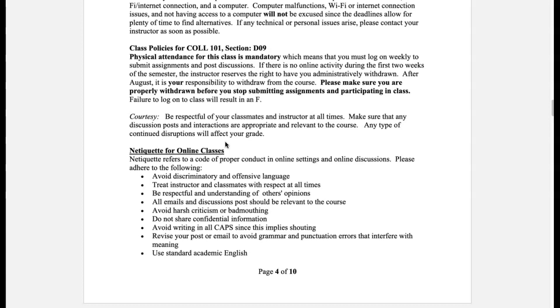It's important that we express ourselves, but it's also important that we do it in a respectful manner. And it's also important to be open-minded and open to different viewpoints. So on the other end, if somebody posts something that you don't agree with, it's okay to respectfully disagree. Just don't be rude or mean about it as well. So just make sure that you're respectful at all times.